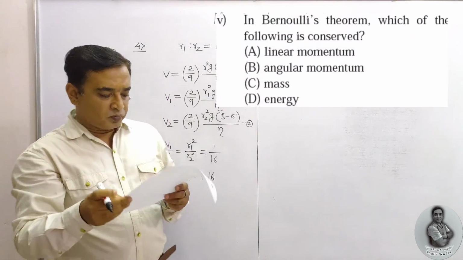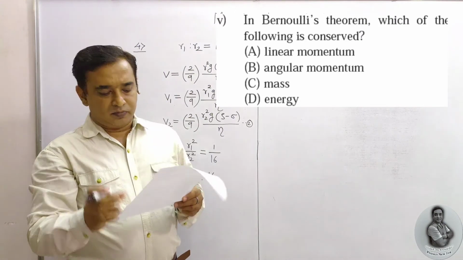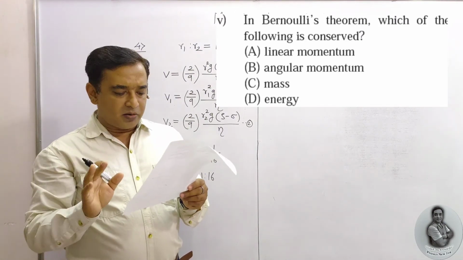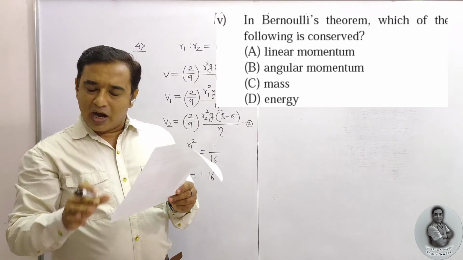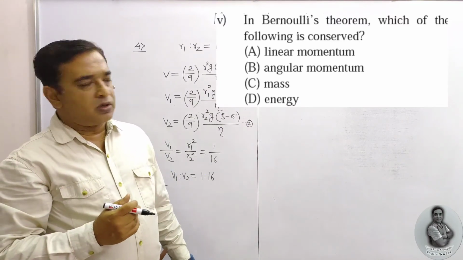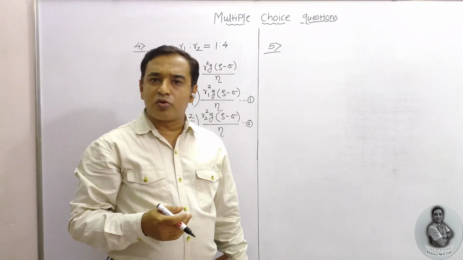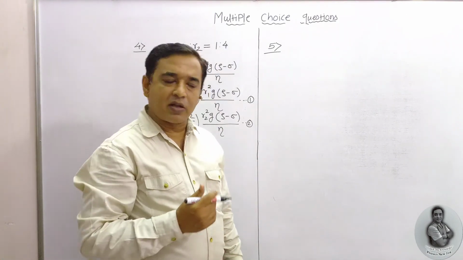Read out that one. In Bernoulli's theorem, which of the following is conserved? A linear momentum, angular momentum, mass, and energy. Which of these factors is conserved in Bernoulli's theorem? Actually, it is omitted from the board syllabus, but still we need to explain that one.